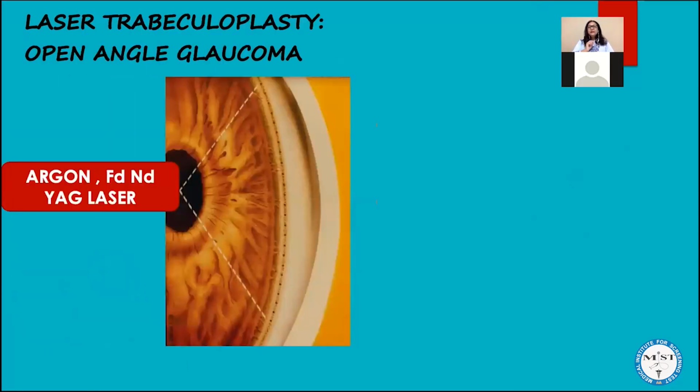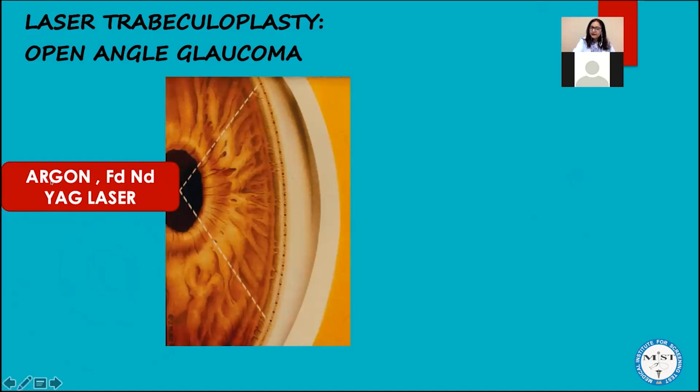The second type of laser procedure is done for open angle type of glaucoma. This procedure is known as laser trabeculoplasty. Look at the name: trabeculoplasty means you are making changes in the trabecular meshwork with the help of the laser. Which lasers are used?